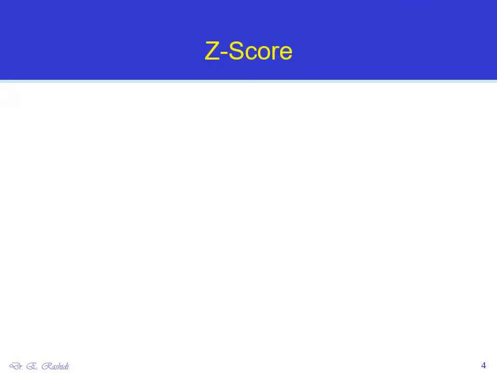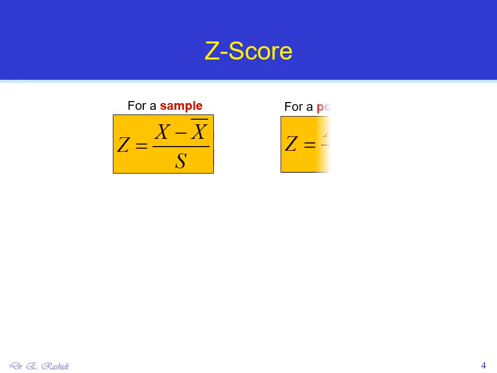Let's see the formula for a Z-score. If you're talking about the Z-score of a data value from the sample, then we're going to use the mean and the standard deviation symbols from the sample, which are X bar and S. So the Z-score of a data value from a sample is X minus X bar divided by S. This is for a sample.